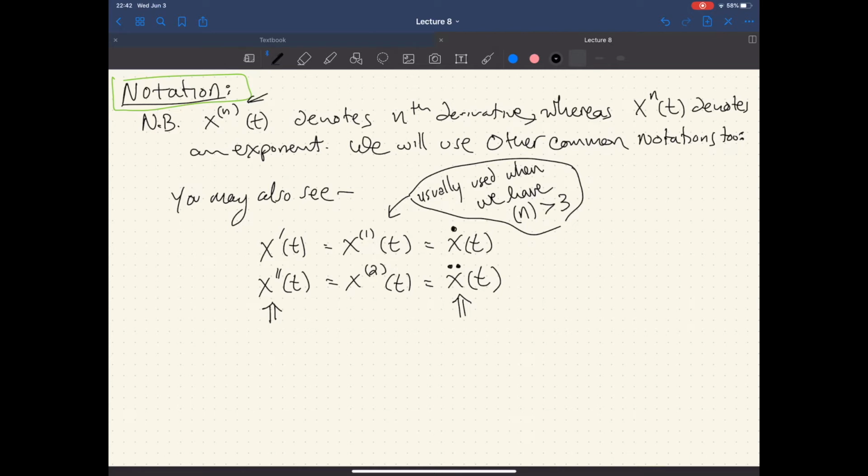I've seen it a lot in mechanical applications and some fluid flow dynamics. But by and large, the pure sciences tend to favor this one. It really depends on background. All 3 of these you'll be responsible for knowing, but they're not that confusing. It's just 2 dashes, 2 dots, the number 2 in parentheses. They're all the same. But you'll always see this one when you have n greater than 3.